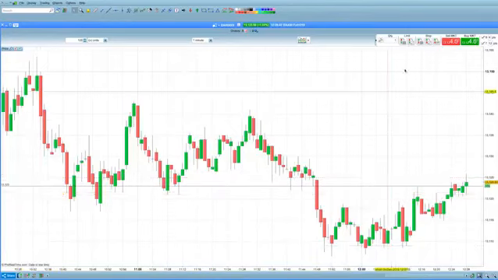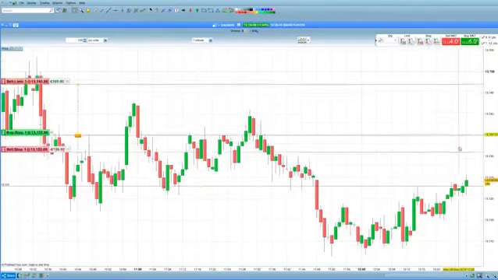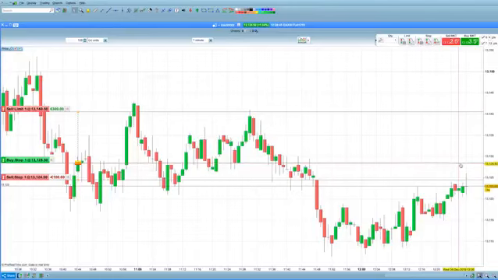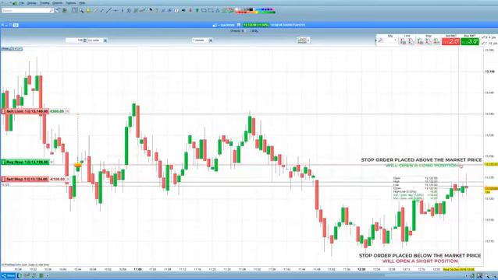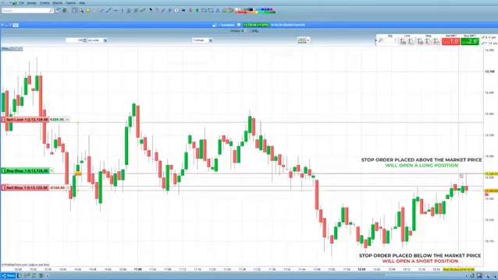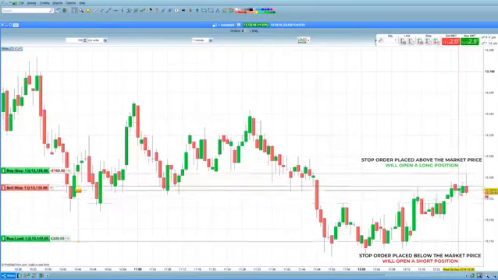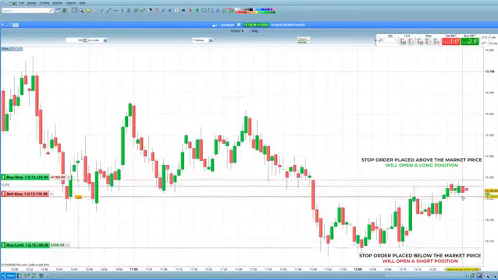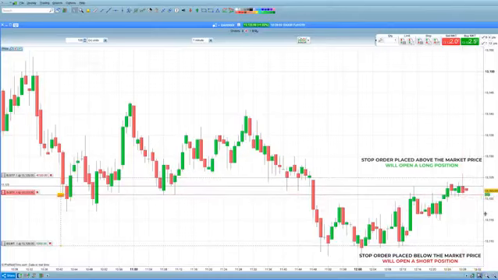Or we can actually place our stop order above, and this will be for long, for buying, and this here below the market price will be for short, for selling. So you can see the difference. The take profit is on the top, the take profit is on the bottom, and that's pretty much how it works.